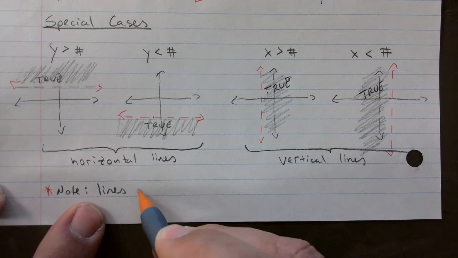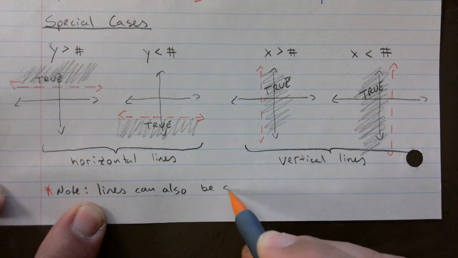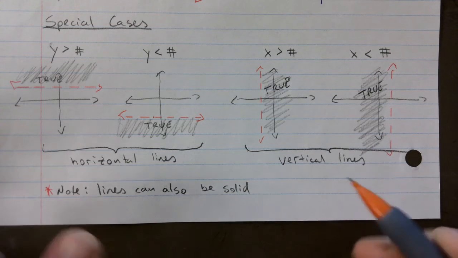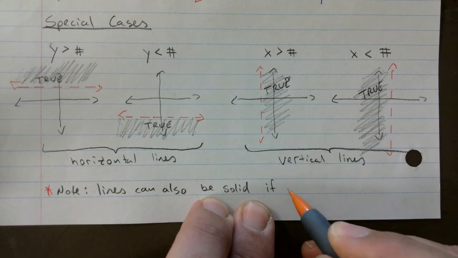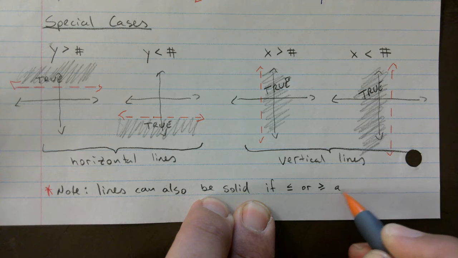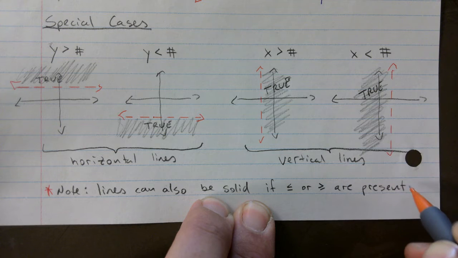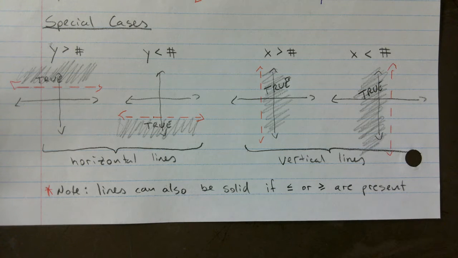Lines can also be solid if the symbols are present. So don't think, oh, Mr. Dirksen put dashed lines, it's always going to be dashed.